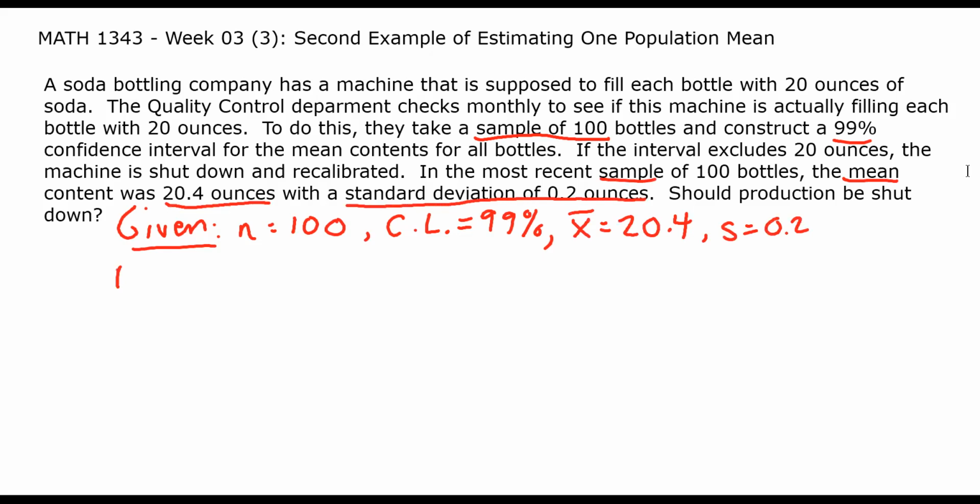Then we're actually not being asked to find the interval directly, but we are being asked if production should be shut down. And whether or not it's shut down depends upon whether 20 ounces is inside of that interval. So the implication is we need to find the confidence interval for the question.